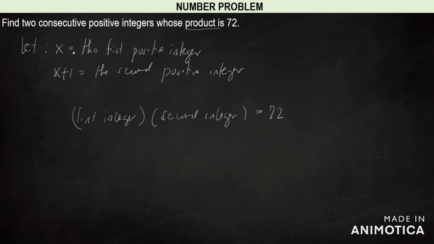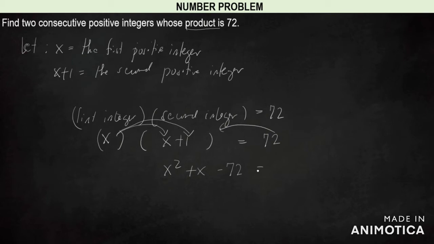Our first integer is x, and our second integer is x plus 1, equals 72. And then, we apply the distributive property of multiplication. So we have x times x is equal to x squared. x times positive 1 is equal to positive x. It transposes 1, so we have negative 72. So what's left on the right side is 0.